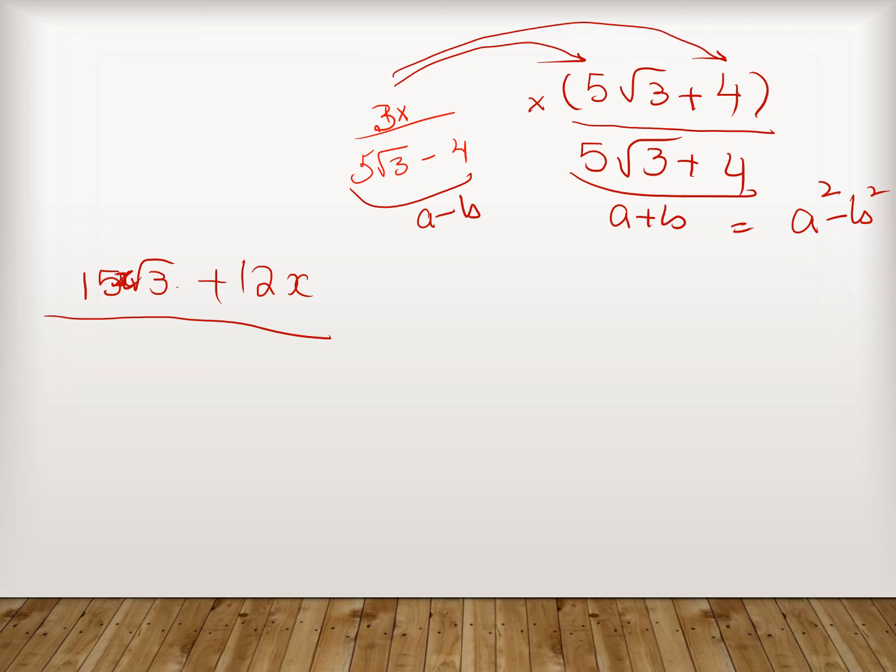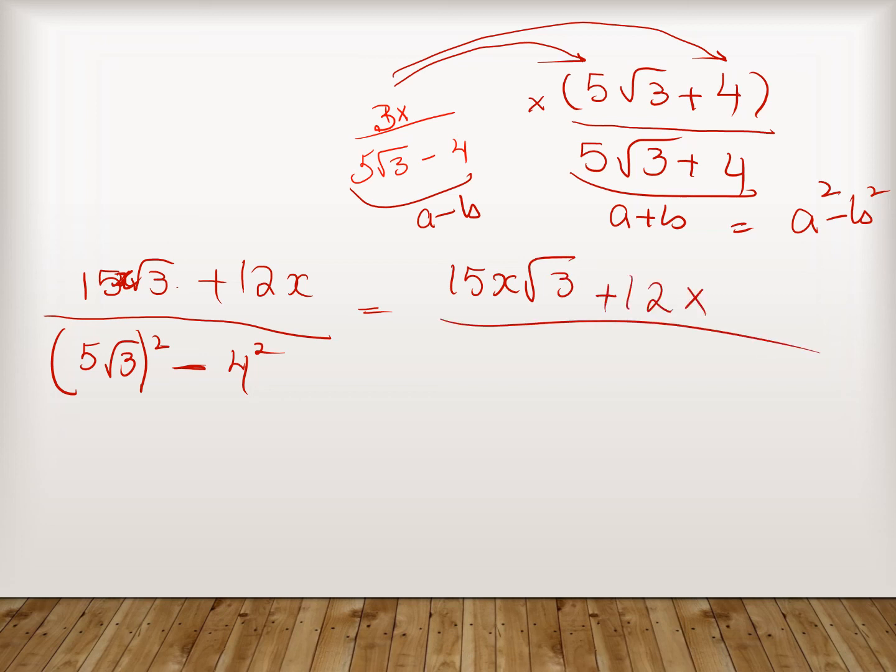So in your case, a is the first term, that is 5 square root of 3 whole squared, minus the second term, that means 4 squared. Now write down 15x square root of 3 as it is and 12x as it is. Now in the denominator, you can use the calculator.